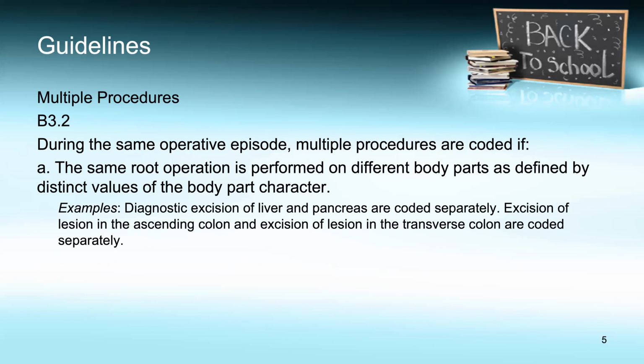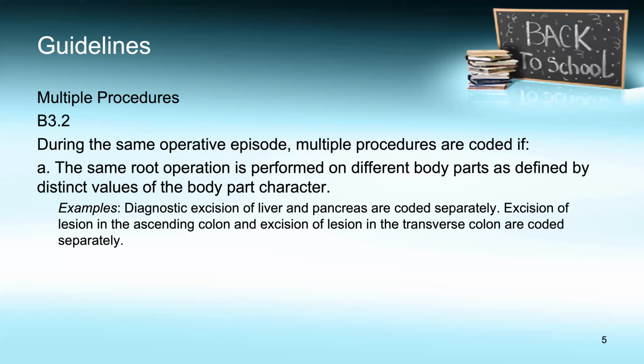So B3.2, during the same operative episode, multiple procedures are coded if, and we have several, A, B, C, and D. So the first one is A, the same root operation is performed on different body parts as defined by the distinct value of the body part character. So when we say the distinct value, this is also an important concept when we're talking about body parts.